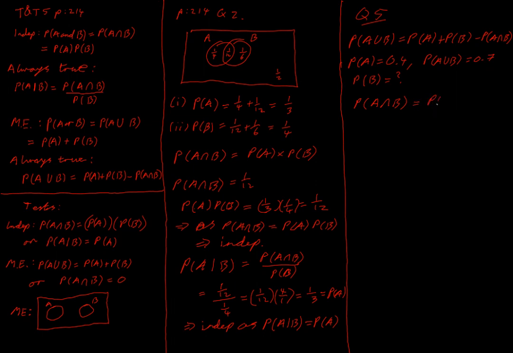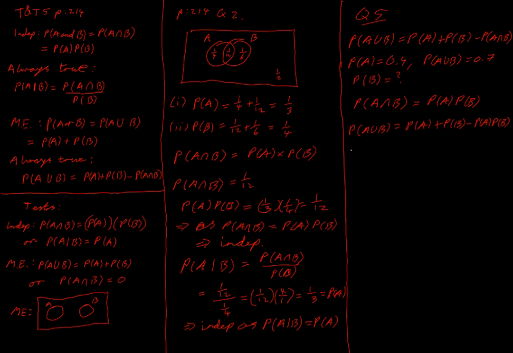That means it is equal to the probability of A multiplied by the probability of B. And that gets us out of our problem, because now we can write an equation that only involves the probability of B and numbers. So the probability of A union B is equal to the probability of A plus the probability of B minus the probability of A multiplied by the probability of B.